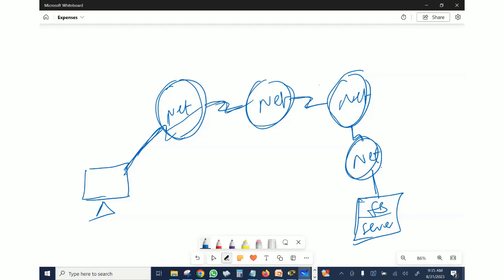That is what is called routing. And the device that we normally use to perform routing is our router. Router is the device that we use for performing routing.